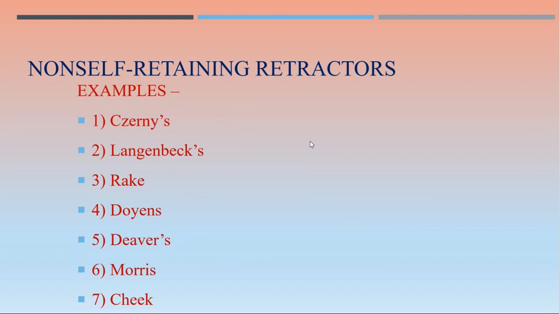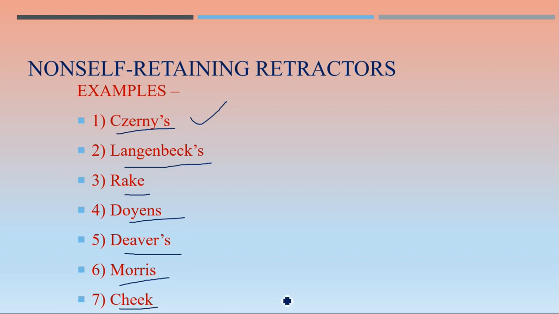So non-self-retaining examples, the Journeys. Please pay attention to the spelling, usually asked in your exams. The examiner may ask you to just write down the names of these retractors. So Journeys retractor, first example, Czerny, then Langenbeck's retractor, then Drake or Catspaw retractor, then Doyens, then Devers, then Morris, and cheek retractors.